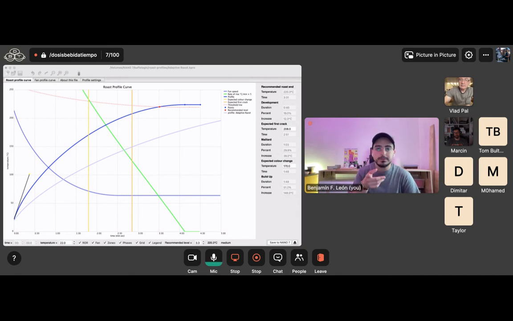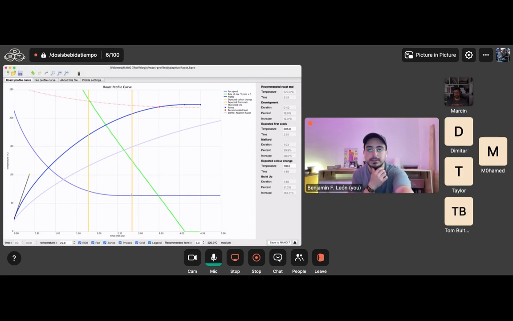However, in the testing I did, I found that it's not only important that the coffee is moved in a specific way during the first moments of first crack, but throughout the beginning of development time in general. So that's why I went for a steady fan speed after first crack.